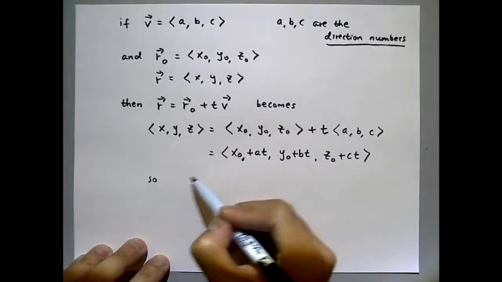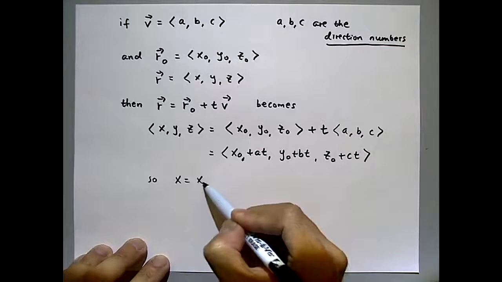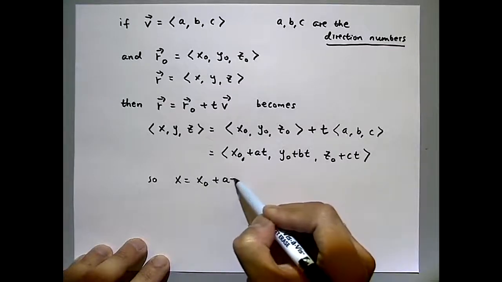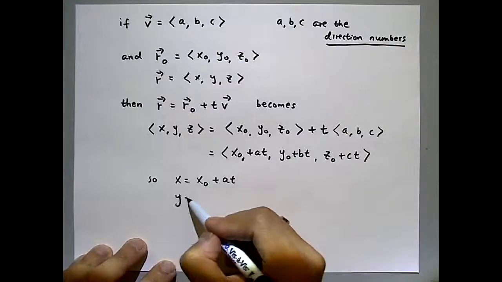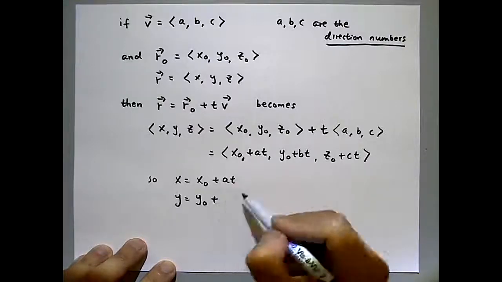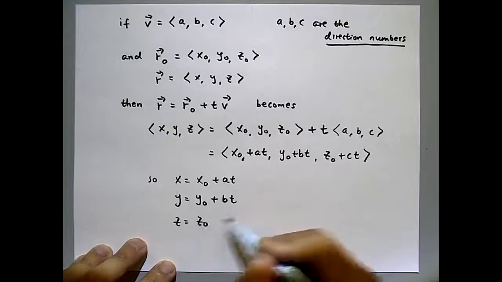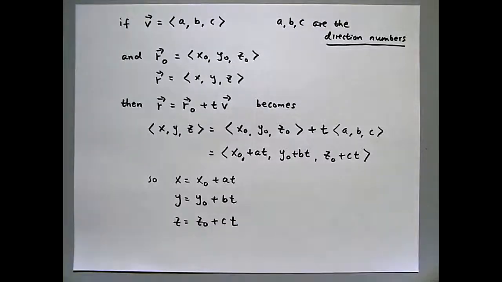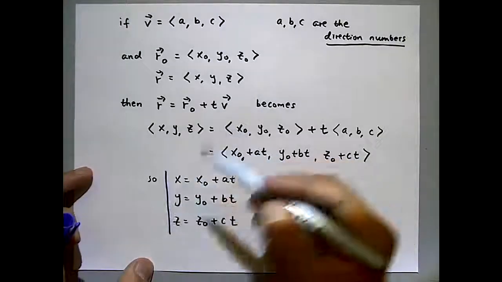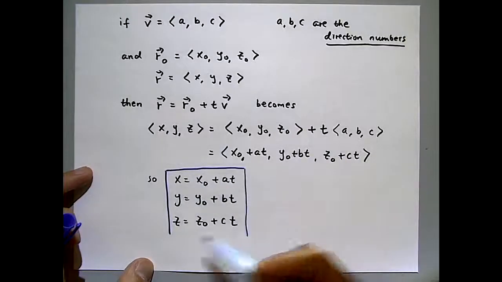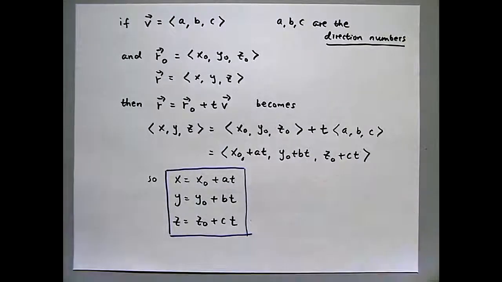So we could write this as x is equal to that, and y is equal to that, and z is equal to this. It's still the same line, but now we broke it down into components.